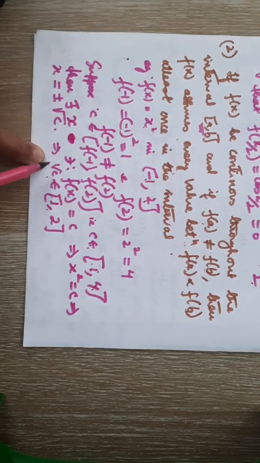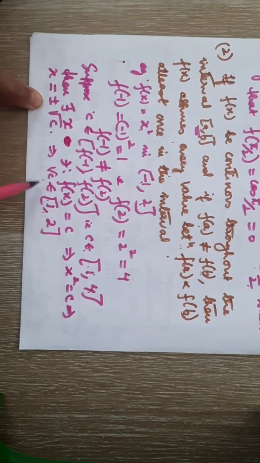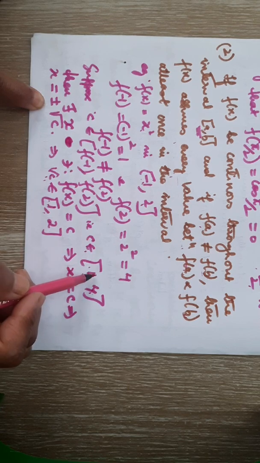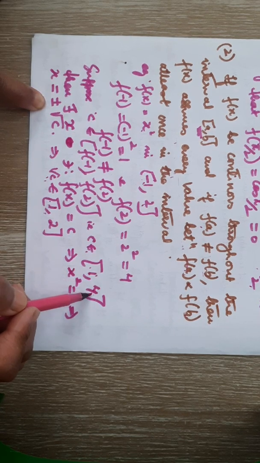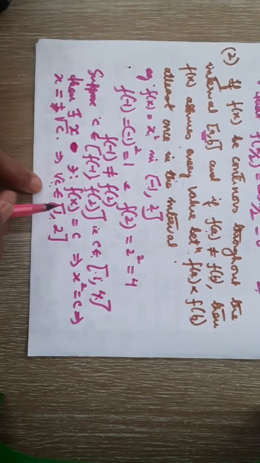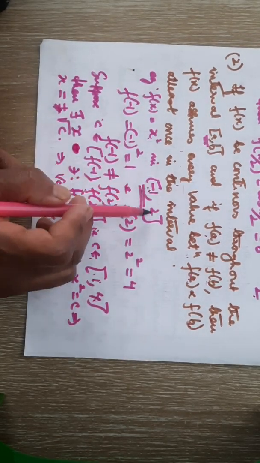In this case, what is that x? It can be plus square root of C. Here it will be positive. Why? Because C belongs only to the positive interval from 1 to 4. So I can take only the positive value of x, which still belongs to this interval, because 1 to 2 is a subinterval of minus 1 to 2.